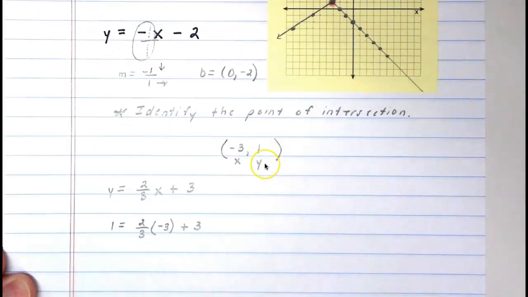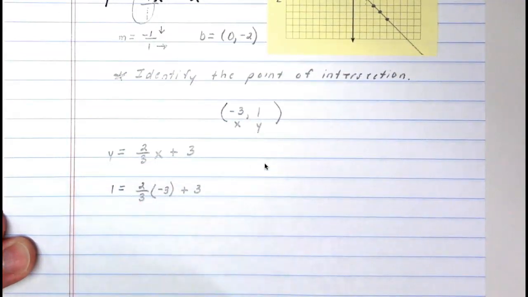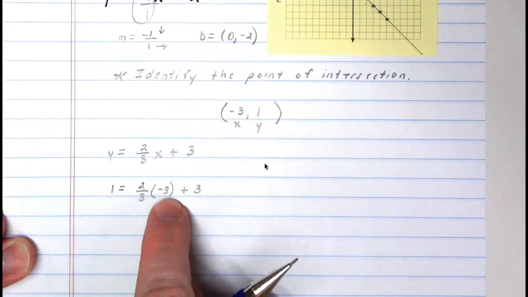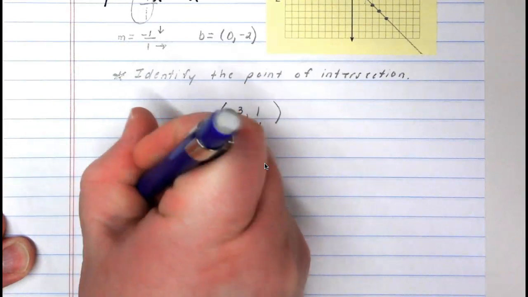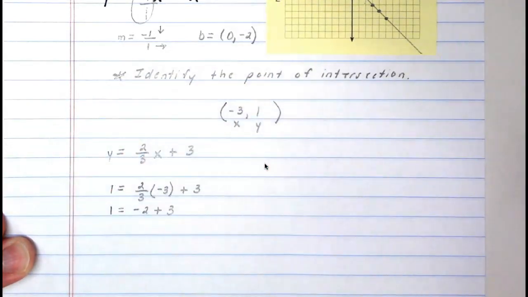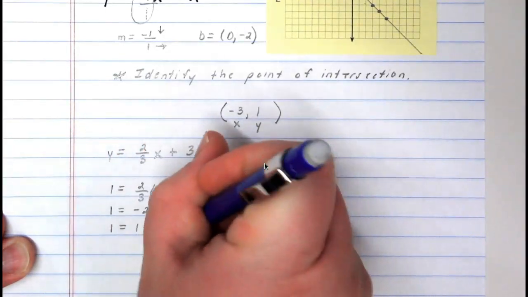I'm just swapping out the x and the y for -3 and 1. Now over here, 2/3 of -3, that should be -2. So we get 1 equals -2 plus 3. And -2 plus 3 is 1, so we get 1 equals 1. So that checks out.